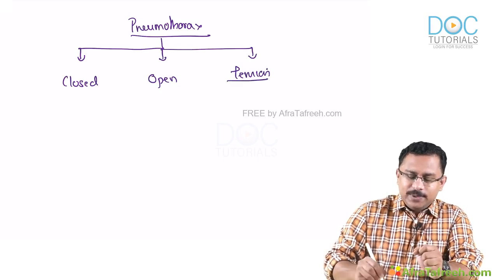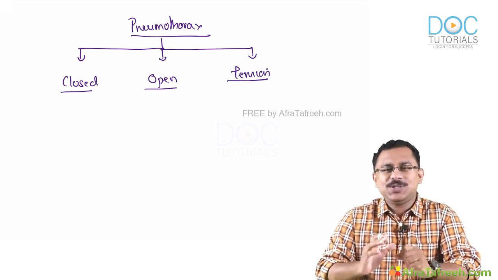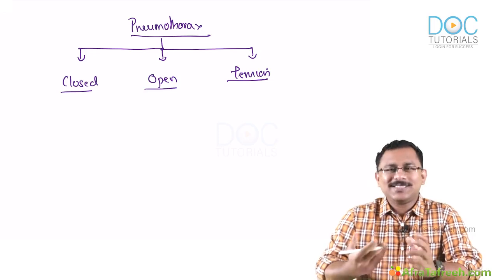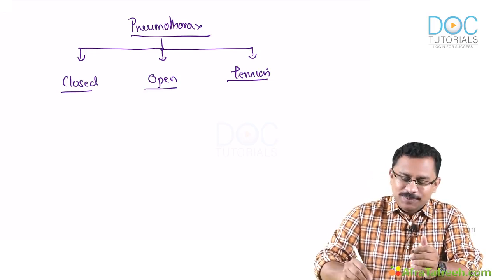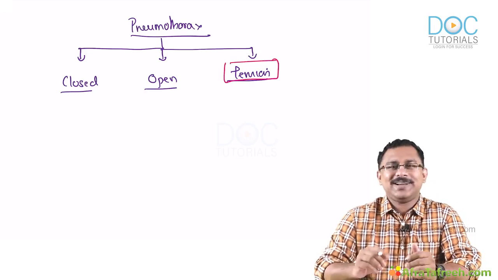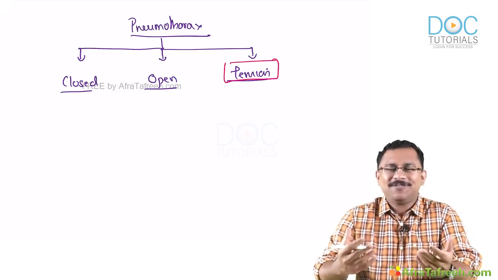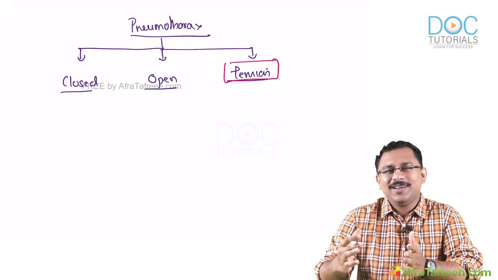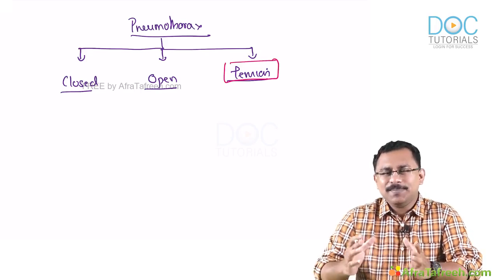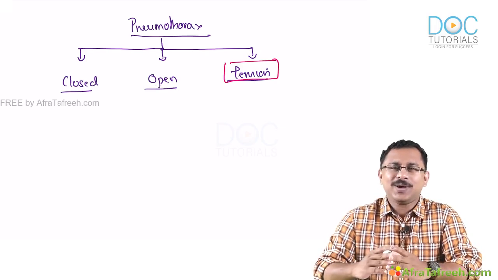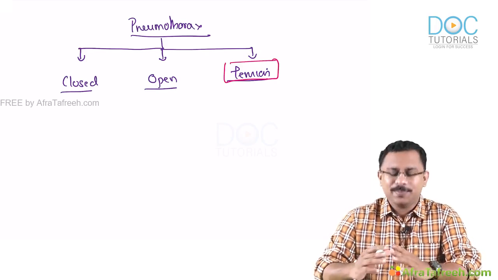Okay, it is very important to know these individual entities as well. What is a closed pneumothorax, what is an open pneumothorax, and the most important one, tension pneumothorax. So if I was asking some question for the exam, my question would usually be on tension pneumothorax because it is such an important entity that you should know. Okay, so listen to it very carefully.